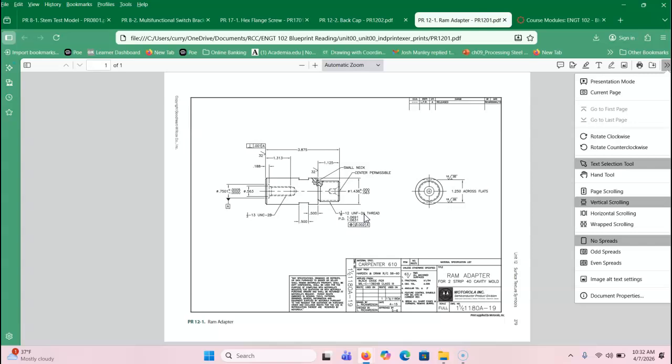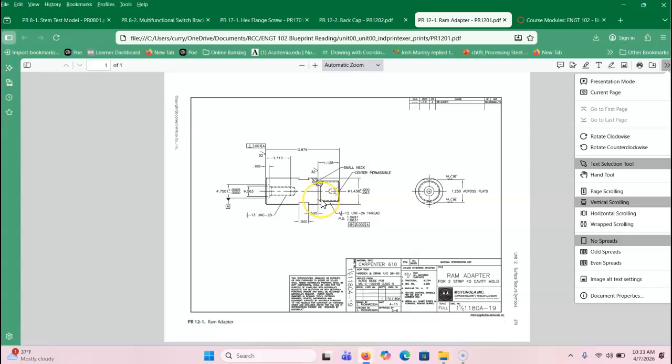The A represents an external thread. Class 2 is the fit of the thread, the way they form. What I'm going to ask you now: this is a 1 1/8 12, and they are basically going 1 1/8 inch deep. They are putting an undercut here to allow for the thread.